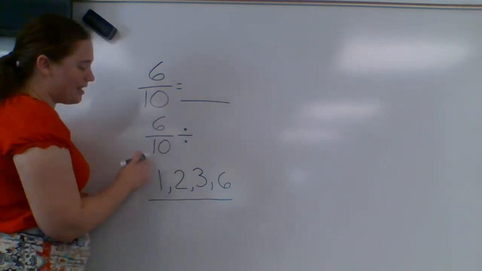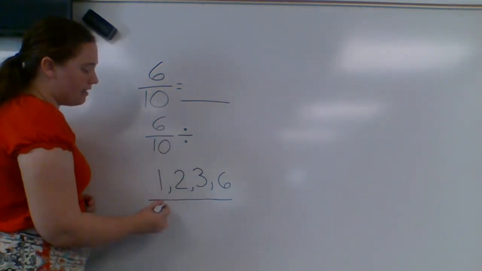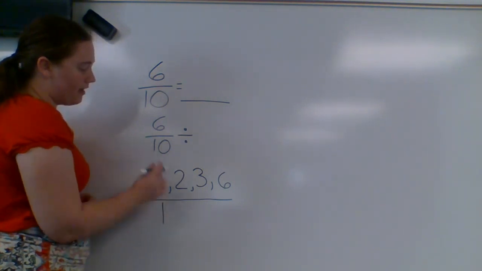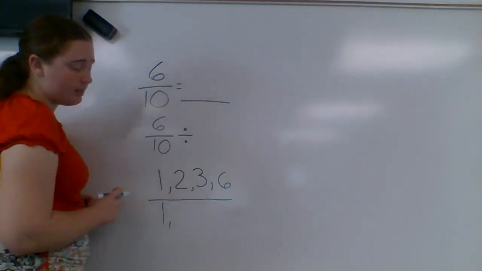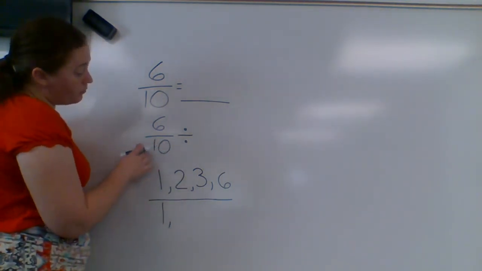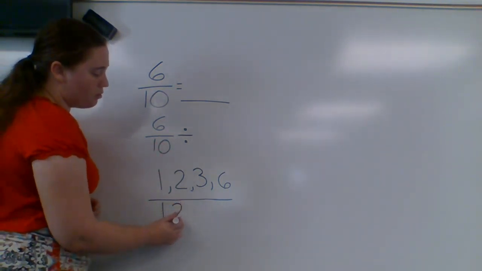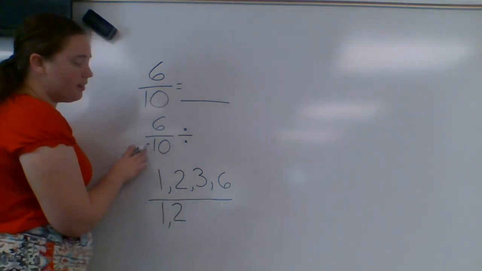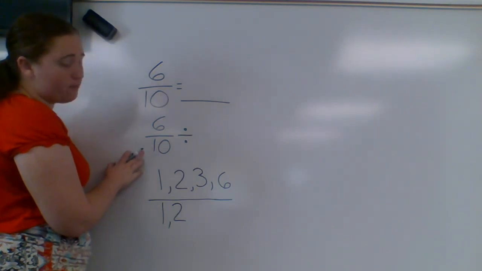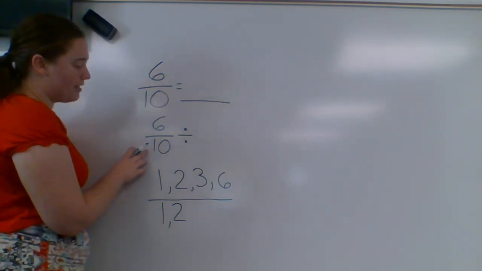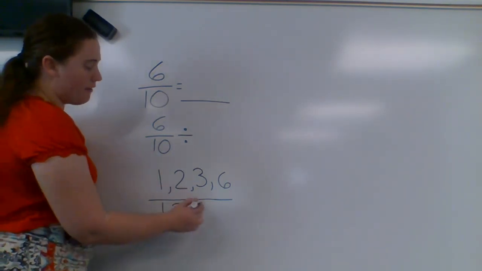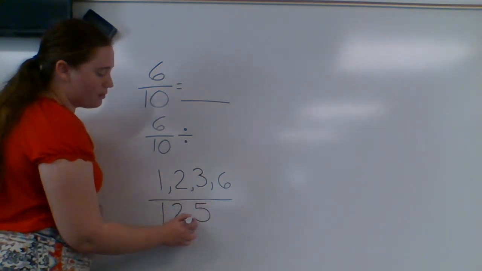So let's look down at 10, find my factors for 10. I know 1 can be divided into 10. 1 times 10 is 10. 2 times 5 is 10, so 2 will work. 3, I can't multiply by 3 to get to 10. 4, I can't multiply by 4 to get to 10. 5, I can multiply by 5 and get to 10, so 5 times 2 is 10.